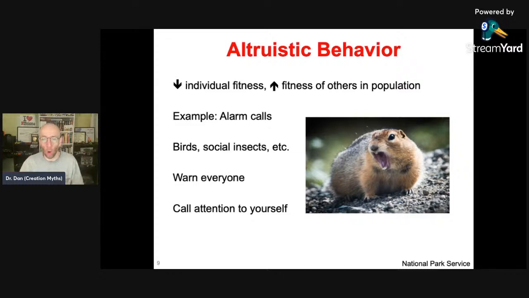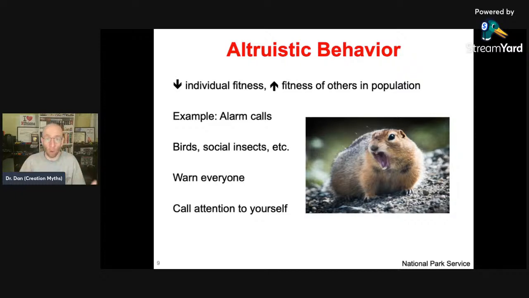So the alarm calling makes the individual who does the alarm call more conspicuous and therefore more likely to get eaten by the predator. And if you get eaten by the predator, how does that affect your future fitness? How does that affect your future reproductive output? Turns out getting eaten tends to be bad for your future ability to have kids.